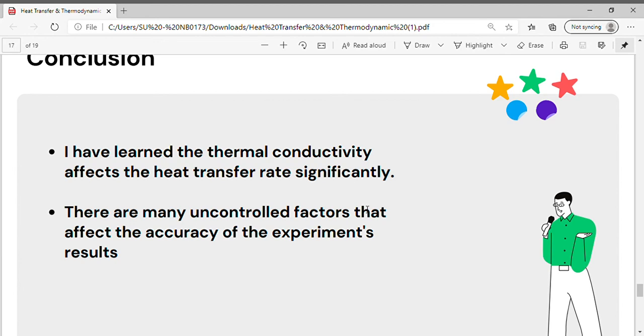For example, convection and radiation might occur, the theoretical thermal conductivity might not be the same as the material that we use, and the hot plate does not always turn on.